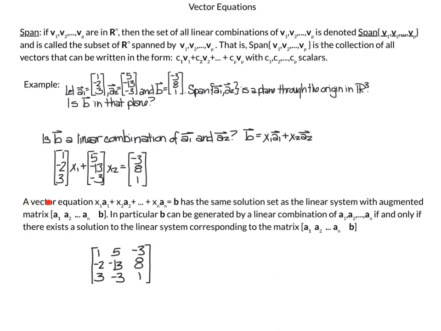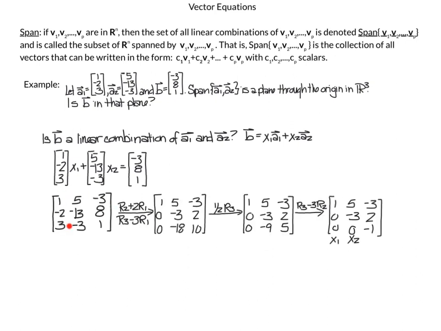And we're going to use that important transition that this vector equation here has the same solution as the linear system with augmented matrix, and I wrote the augmented matrix here. The a1 is 1, negative 2, 3, a2 is 5, negative 13, negative 3, and b is equal to negative 3, 8, and 1.